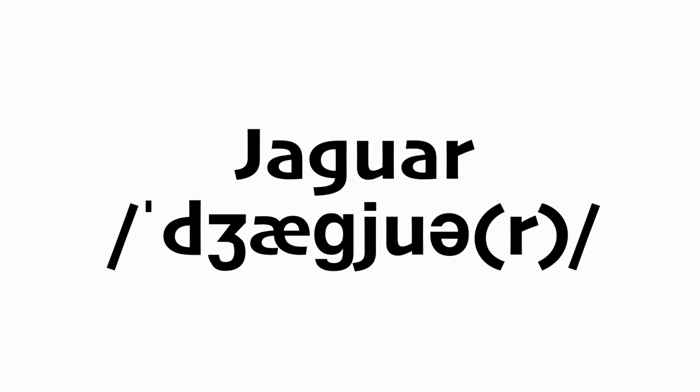And then the g is just a g. After the g we have what looks like a J, but remember that's the Y sound. Then the u, and it finishes with the schwa. Jaguar. You see, once you recognize the symbols, this pronunciation is easy.